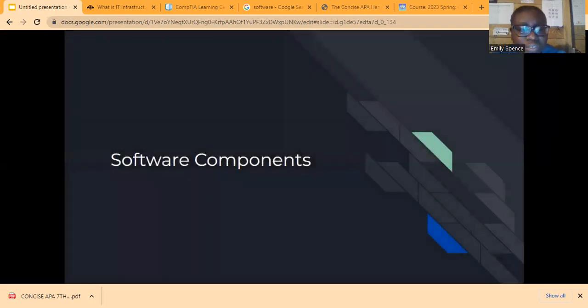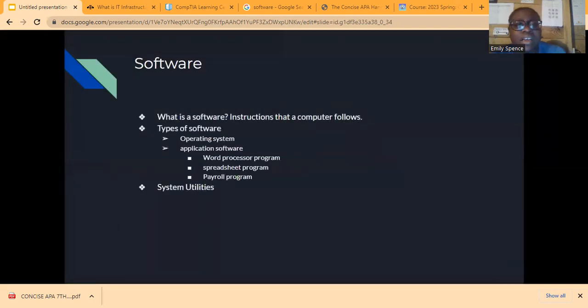Here we have the software components. A software, that is a computer program, is a set of instructions that a computer follows. A basic software is the operating system. Application software can be installed into the operating system to extend its range of application. This increases the amount of things that can be done by the hardware.